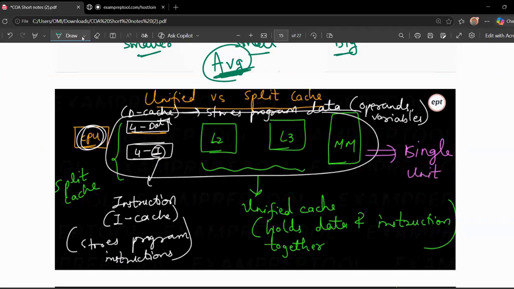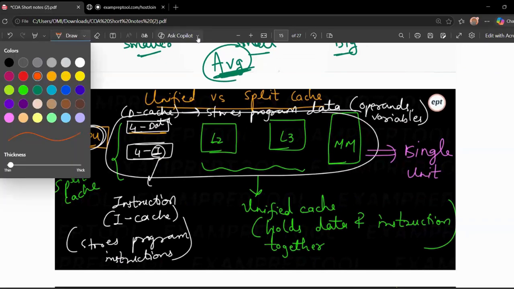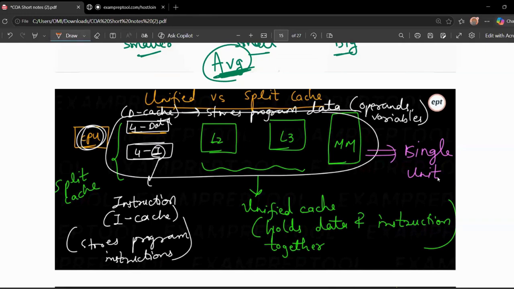Now we will see the next topic. There is something called unified versus split cache. Your L1 cache will be split into two, so it is also called a split cache, and L2 and L3 are called unified cache.